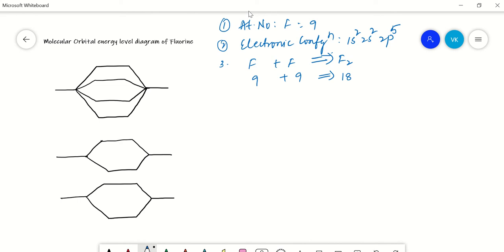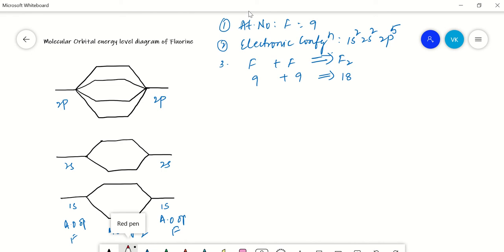Now we'll start filling up the electrons. This is the atomic orbital of one fluorine atom, and this is the atomic orbital of the other fluorine atom. Coming to this, it will be the molecular orbital of F2, right? This is 1s, this is 1s, this is 2s, 2s, 2p here and 2p here.